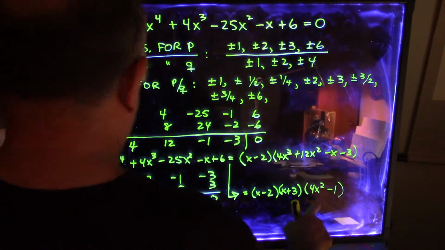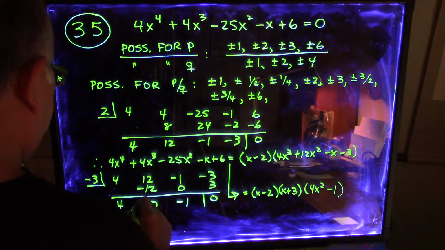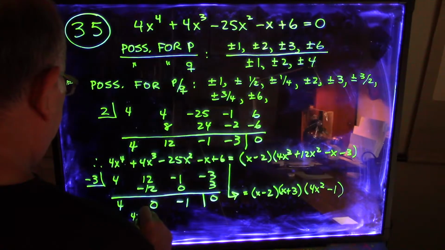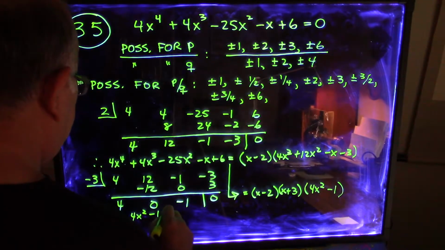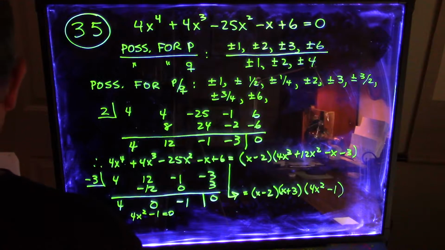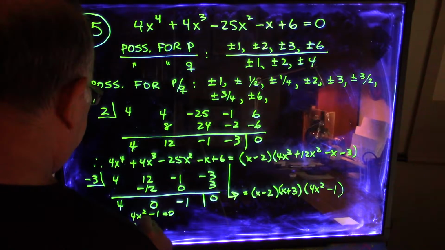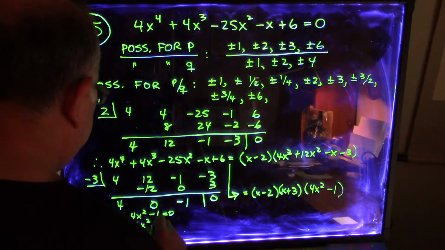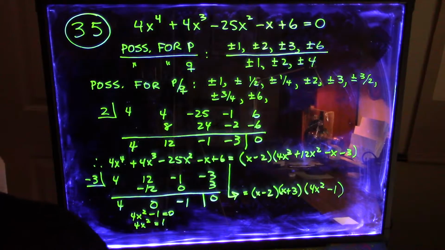And this can be easily solved. Set it equal to 0 and then solve it. 4x squared minus 1 equals 0. So 4x squared equals 1. x squared equals 1/4.